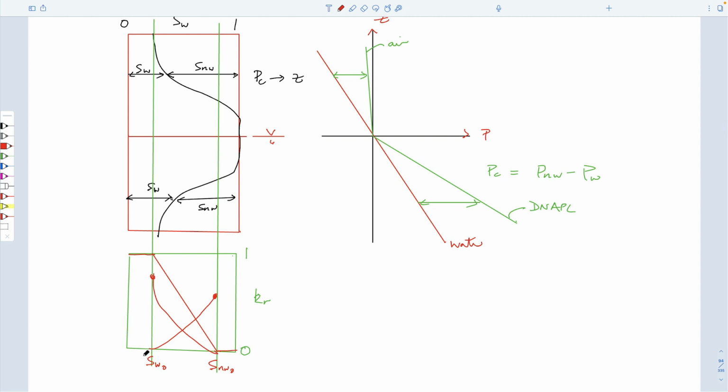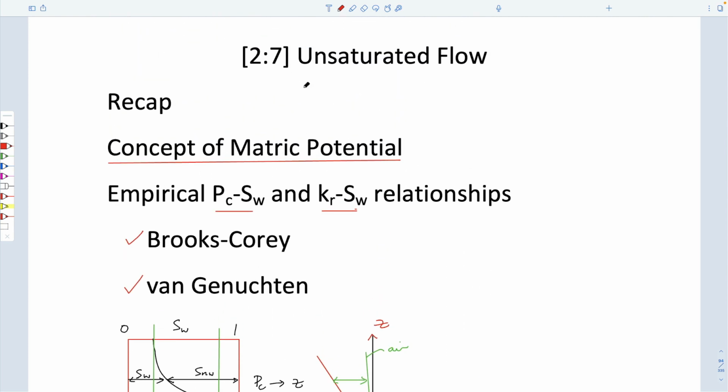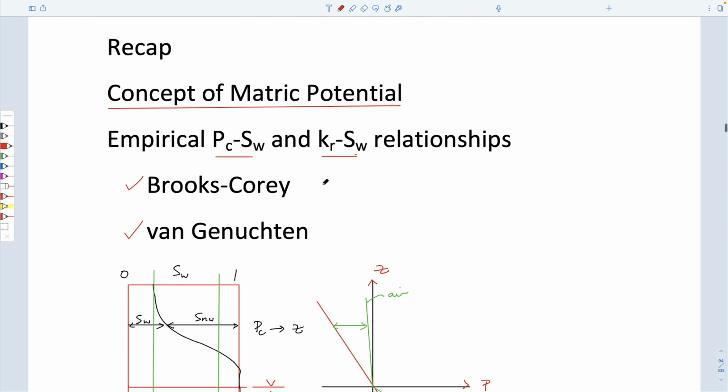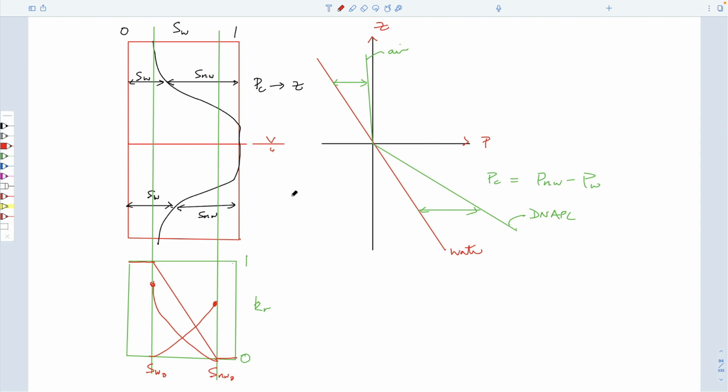So we framed everything in terms of wetting fluid and a non-wetting fluid. It didn't matter whether that non-wetting fluid was air or the NAPL. The behavior was similar, identical really, right, from these curves. And so we don't have to make any particular distinction. And so when we talk about unsaturated flow, which is really what we're talking about today, the things that were developed for unsaturated flow could equally well apply to movement of NAPLs in the subsurface.